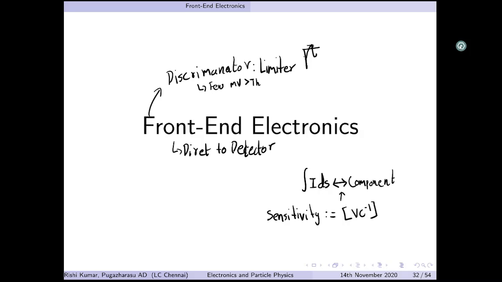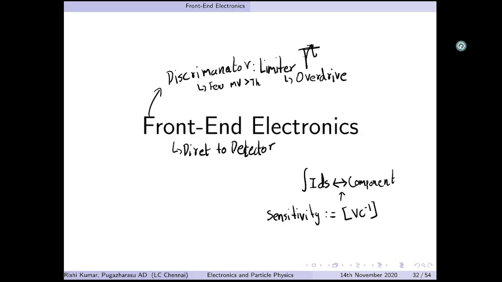And this excess voltage is sometimes also called overdrive, a very colloquial term, as in we might have heard about it in guitars. So you're playing a guitar, and if you have a knob that says overdrive, that basically means you're turning up the voltage beyond the threshold. So that's what it is by analogy.